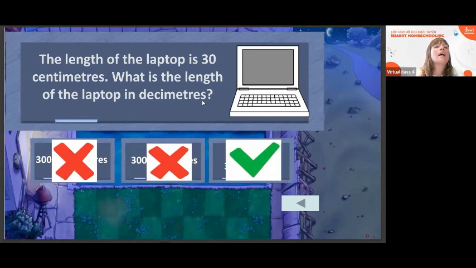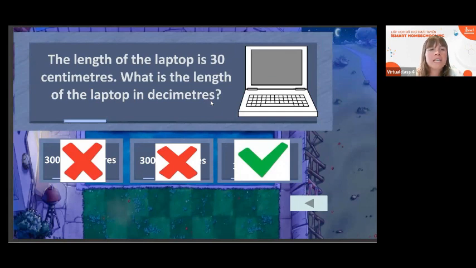Okay, the length of the laptop is 30 centimeters. What is the length of the laptop in decimeters? So, in centimeters, it is 30. What is the length of the laptop in decimeters?